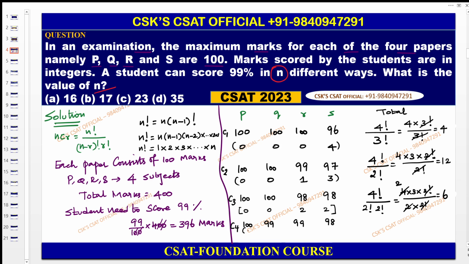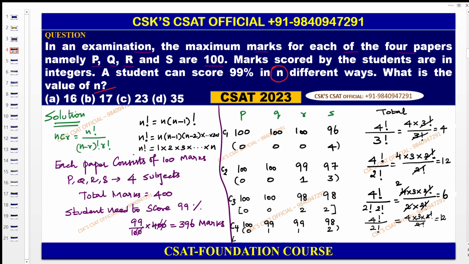So here 0 marks is losing, 1 mark, then here 2 marks, total 4 marks is losing. So this can be arranged in 4 factorial by the repetition, here only 1 twice, therefore 2 factorial. Now 4 factorial is nothing but 4 into 3 into 2 factorial by 2 factorial, you can cancel this, which is equal to 12.